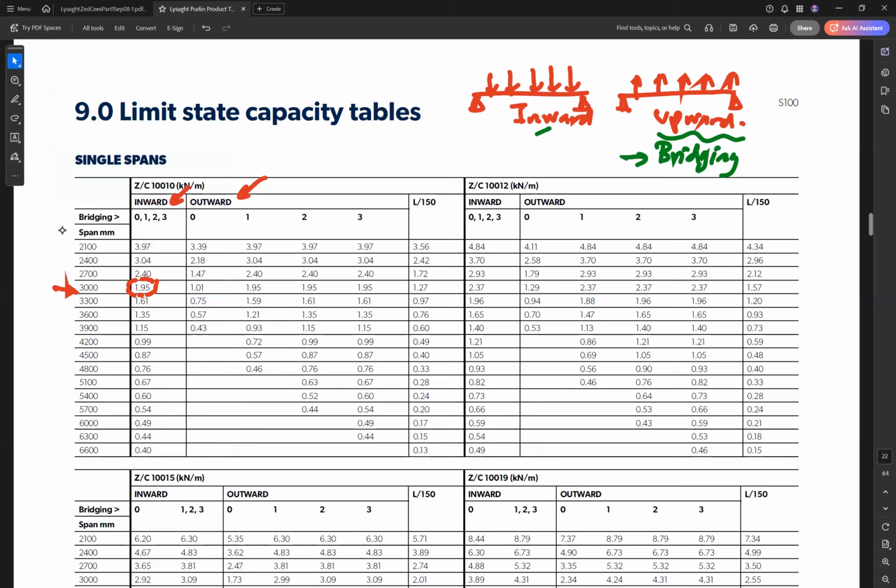For the inward, there is no effect from the bridging in some cases, but in some cases it also has effect, but the effect is more critical for the upward.